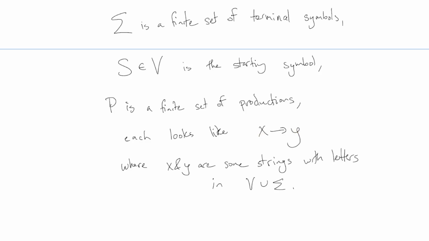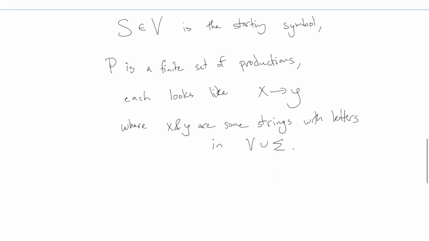But this is a technical restriction which is meant to exclude some silly things. X and Y are some strings with letters in V union sigma, and the left side is not allowed to be the empty string. In a grammar, you're not allowed to have the empty string become some other stuff. This is undesirable for abstract theoretical reasons.